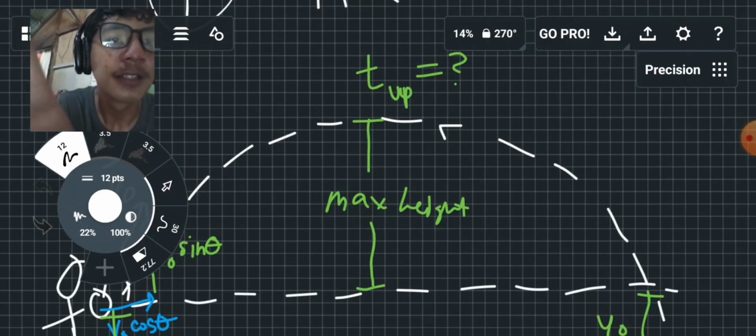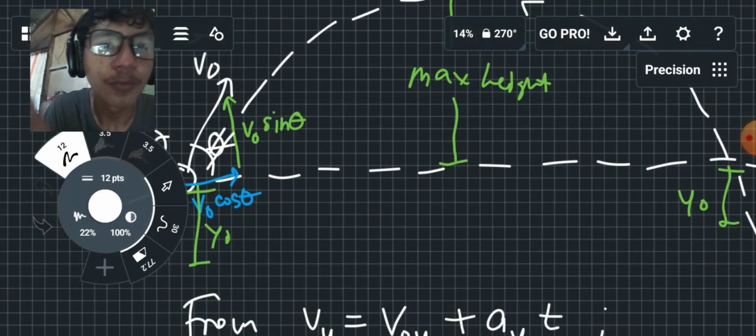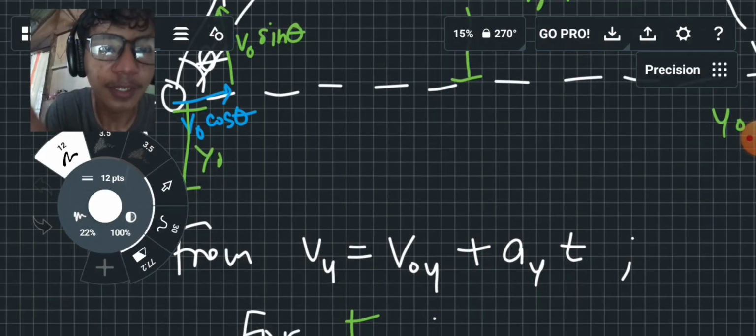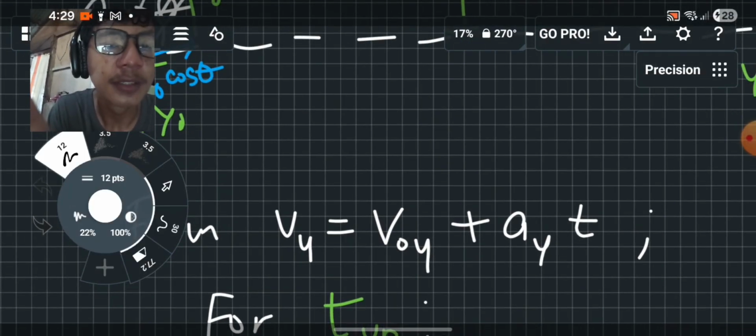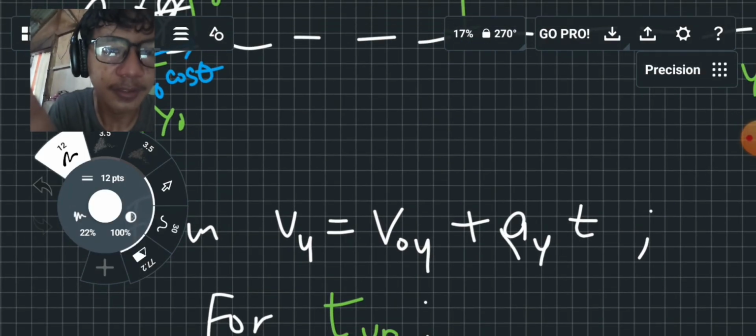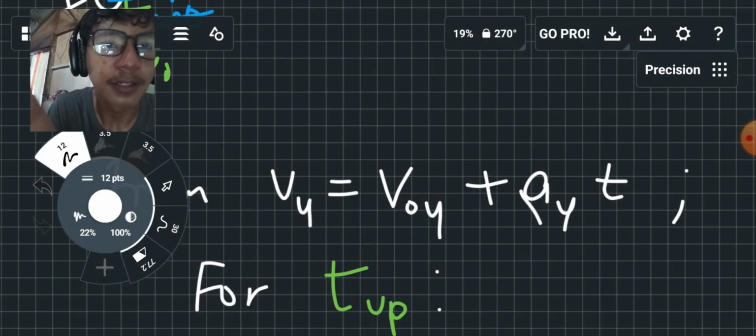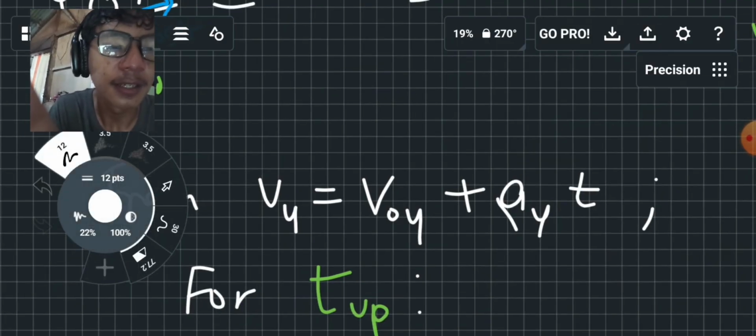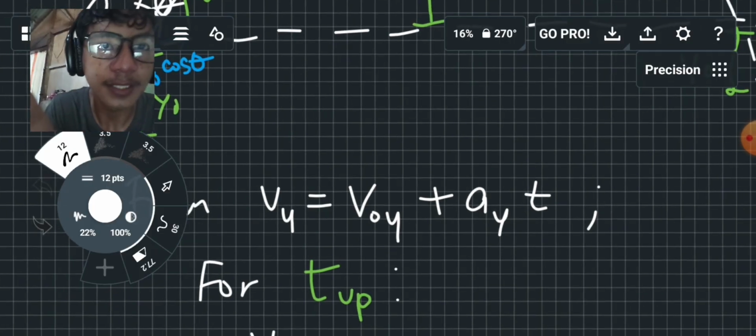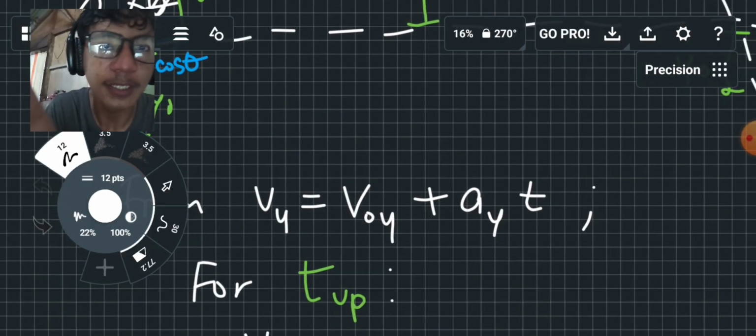We will get that formula from our past video, which is the velocity in the y direction, given that we have a constant, non-zero acceleration.